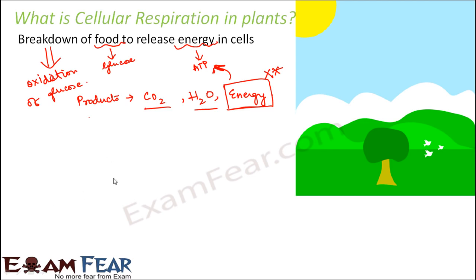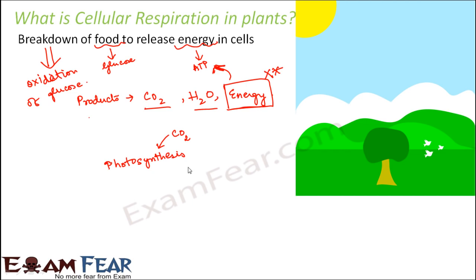Now let me explain the background properly before we start with the equations of respiration. In plants, we all know that they prepare food by photosynthesis. So what happens during photosynthesis? They take in carbon dioxide, because they need carbon dioxide as an input to produce glucose.